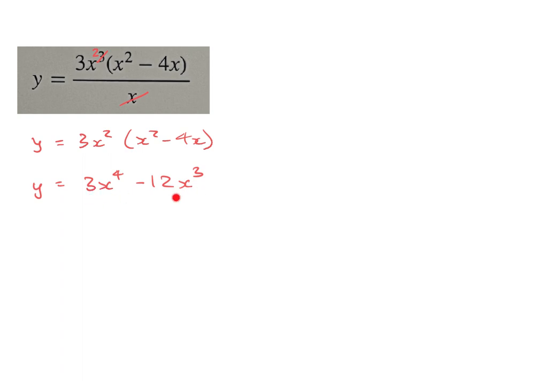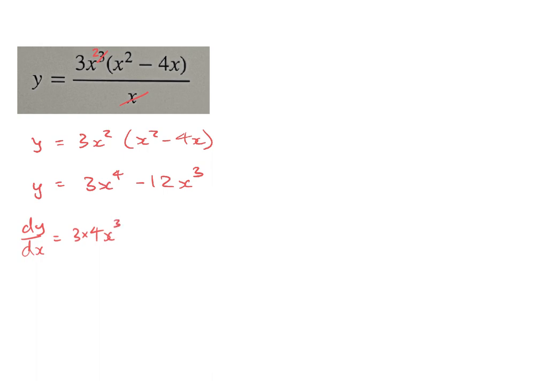We can do both of these separately. They're both in the form of ax to the n. Here a is 3, n is 4. Here a is minus 12, and n is 3. So differentiating, we have dy by dx is equal to, we bring the 4 down, so it's 3 multiplied by 4, x to the power of 4 take away 1, which is going to be 3.